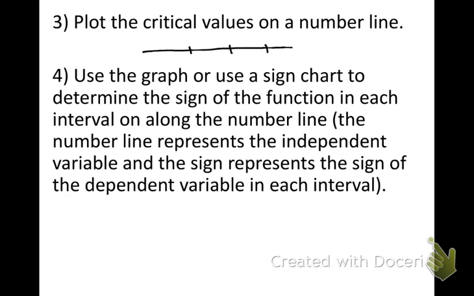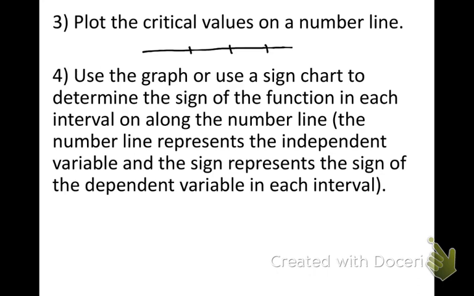We'll talk about sign charts in our examples to determine the sign of the function in each interval along the number line. Remember, we saw in the previous part of this set of notes that positive is above the x-axis, negative is below the x-axis. That's where we're determining the sign, and we want to determine this for each interval on our number line.